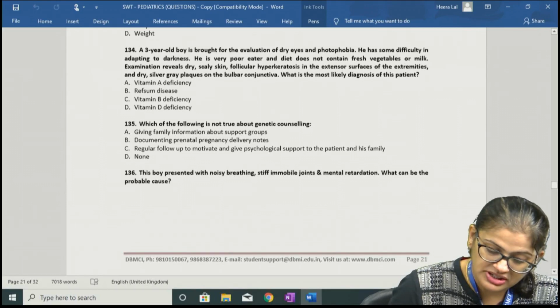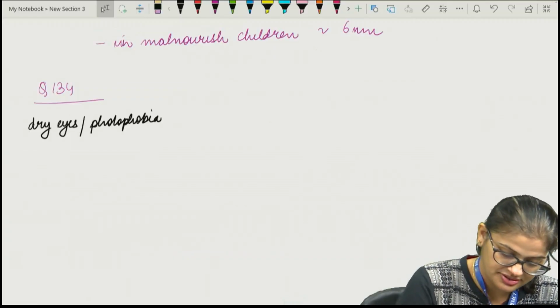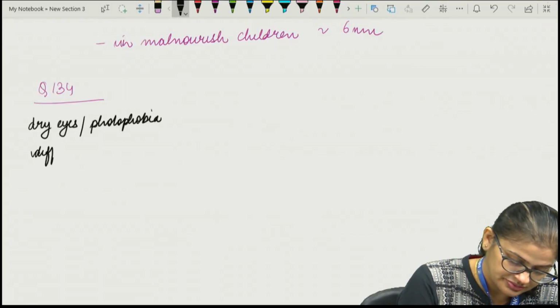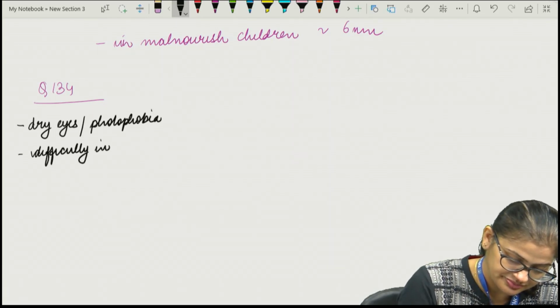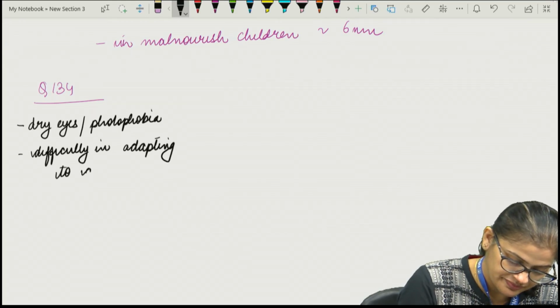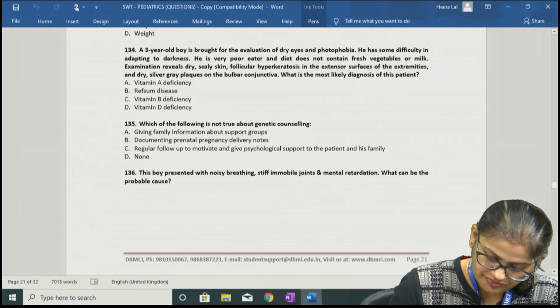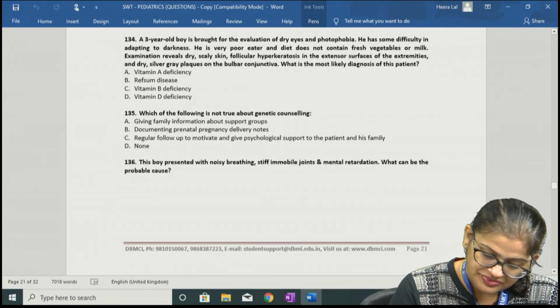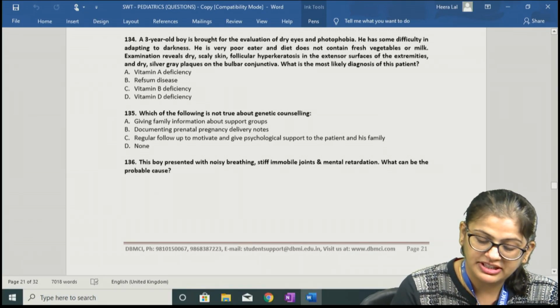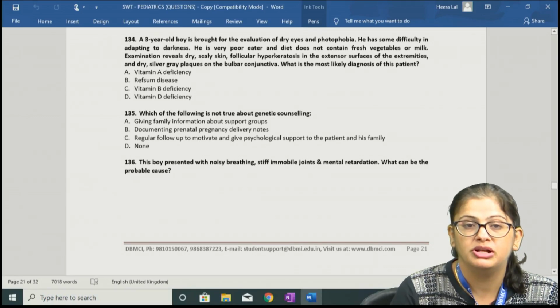He has some difficulty in adapting to darkness. He is a very poor eater and diet does not contain fresh vegetables or milk.